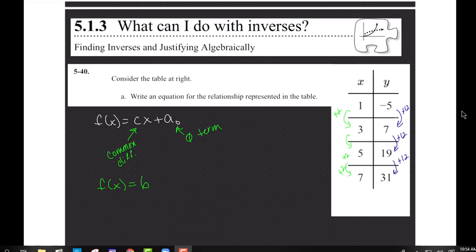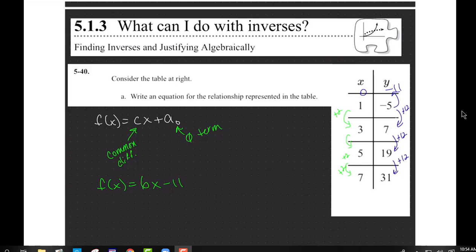X is going to stay x because that's our term. Then we have to figure out our 0 term, so we have to go back. To get to the 0, we're only going to subtract 6, because we only want to go back 1. So we go back to -11.